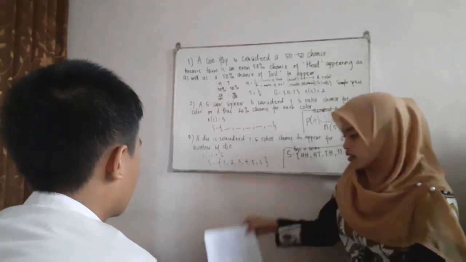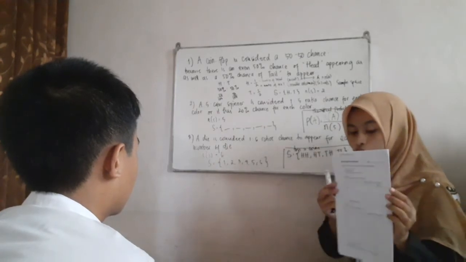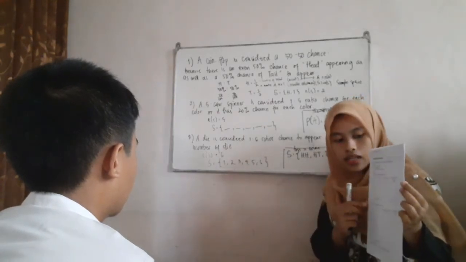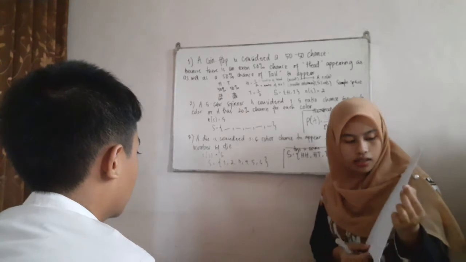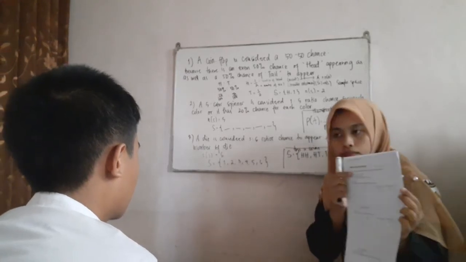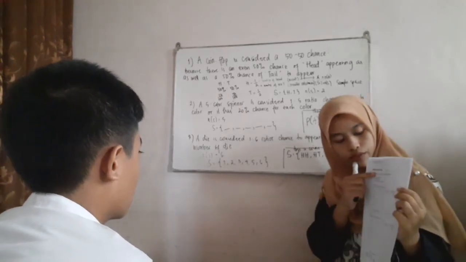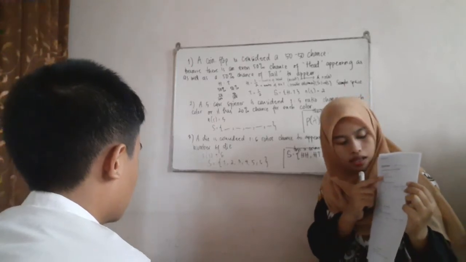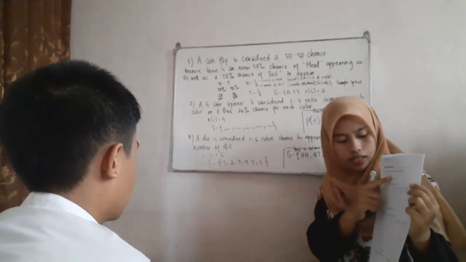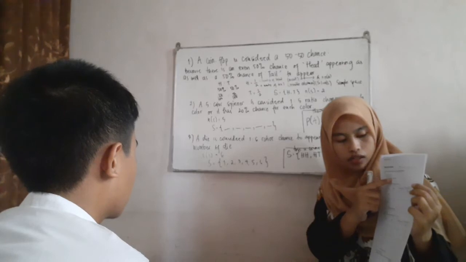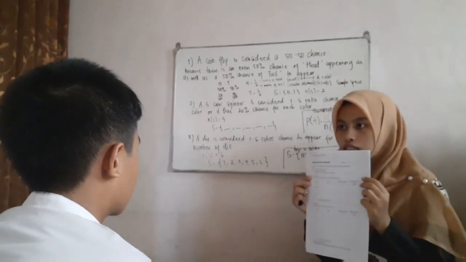So here I have a worksheet for you, and in here you have to flip a coin 30 times, roll one die 60 times, and spin a 5-color spinner 100 times.